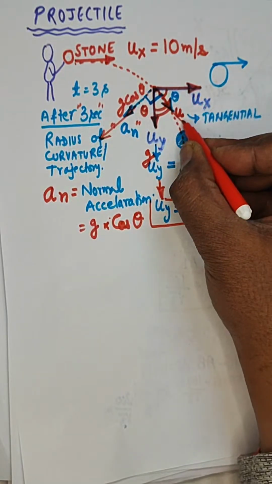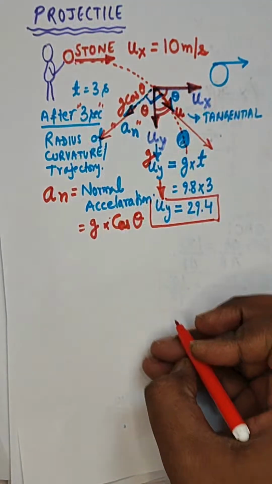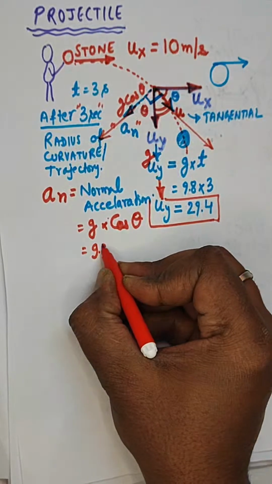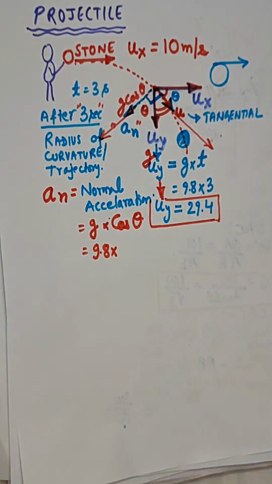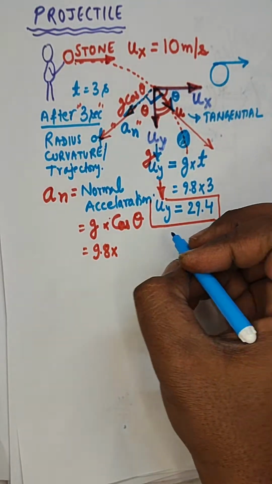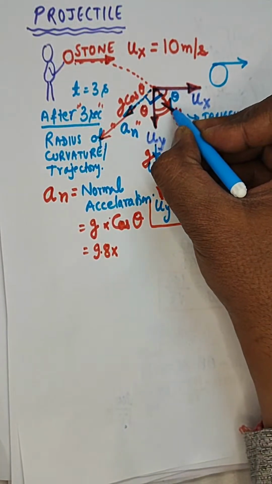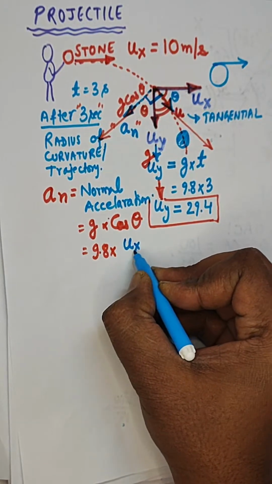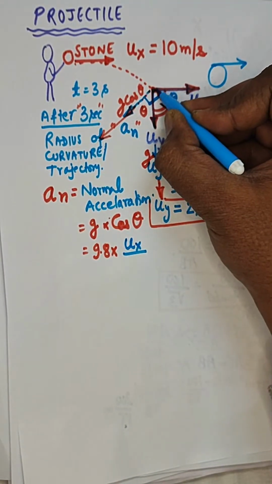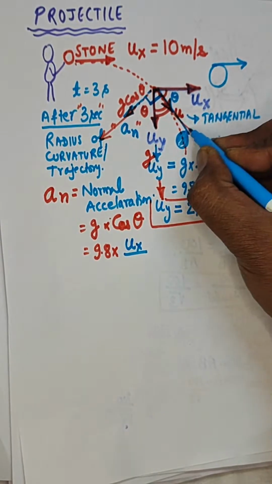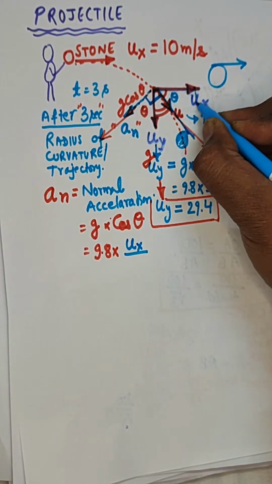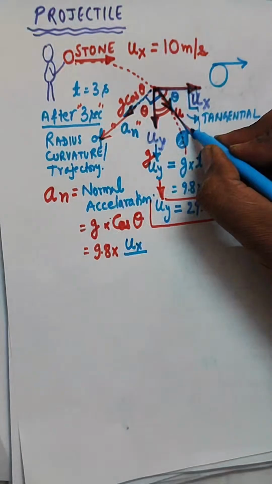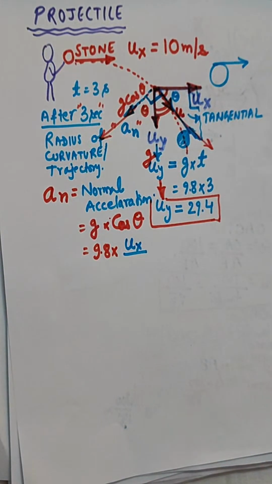Cos theta can be written from here as ux divided by u, right? So we can put the value of g as 9.8, and instead of cos theta, what is cos theta? It is base by hypotenuse. What is the hypotenuse over here? If you just form a right angle triangle, you can see here this is your hypotenuse.